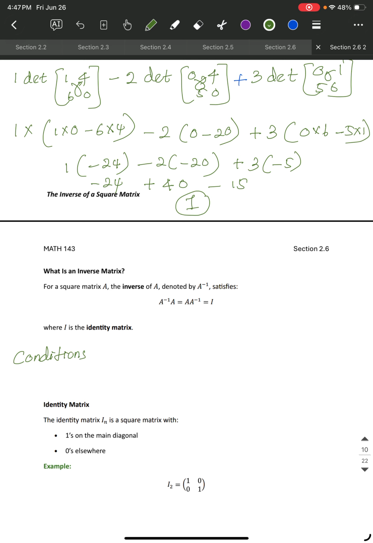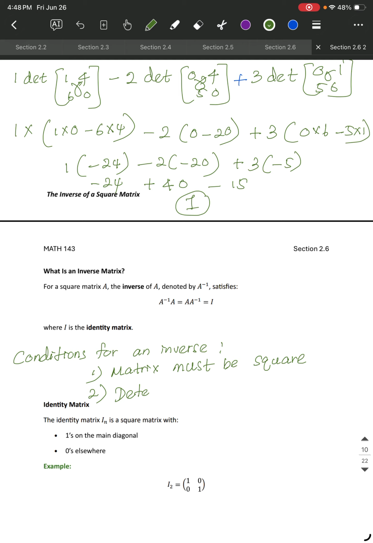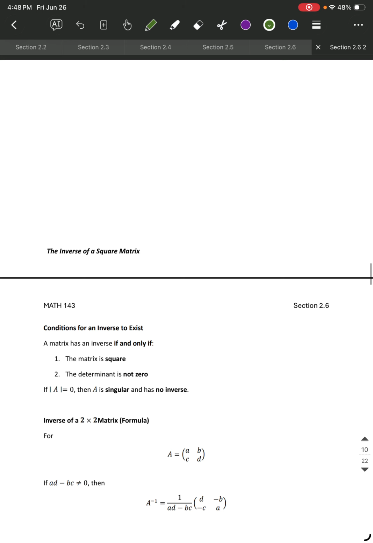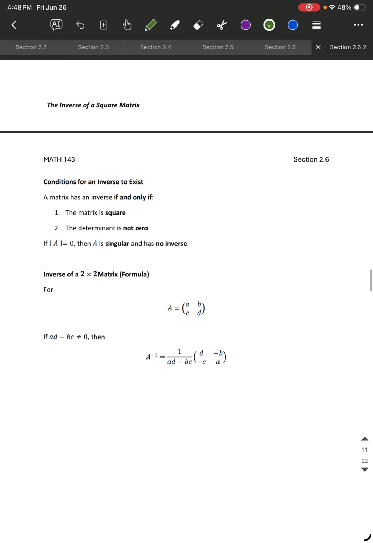Conditions for an inverse. First one, the matrix must be square. Second, the determinant is not equal to 0.